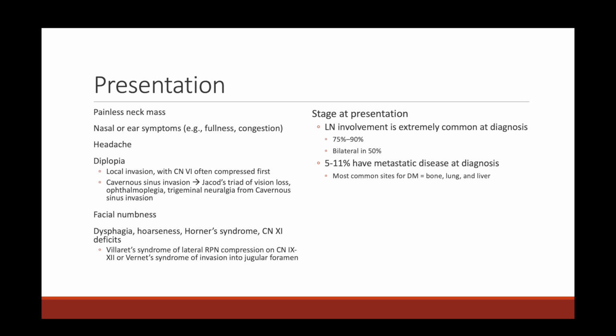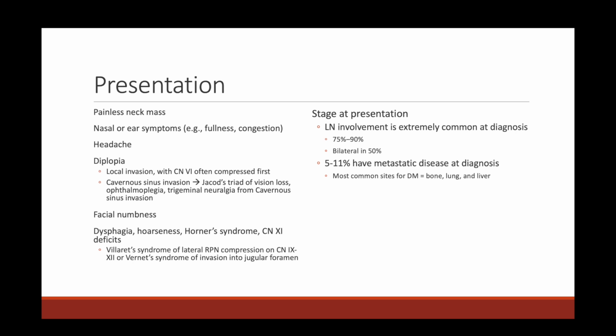So there are a couple of other syndromes, Villaret syndrome of lateral retropharyngeal node compression on cranial nerves 9 through 12, or Vernet's syndrome of invasion into the jugular foramen. So again, all of these things are related to neural invasion that is possible depending on how aggressive the cancer is, where it's located, and where it's invading. So again, very important to do a thorough neurological exam in these patients.